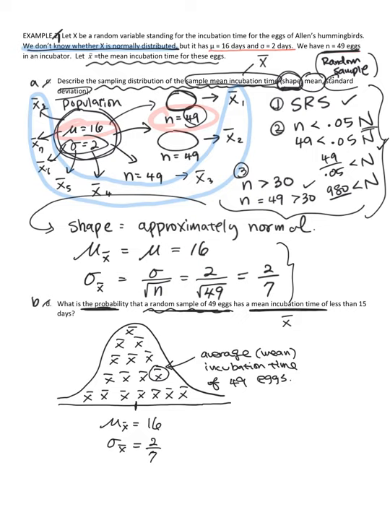So what they're asking us is what is the probability. Remember, the probability equals the area for a continuous probability distribution, that the mean time is less than 15 days. 16 is in the middle, so 15 is like right here.